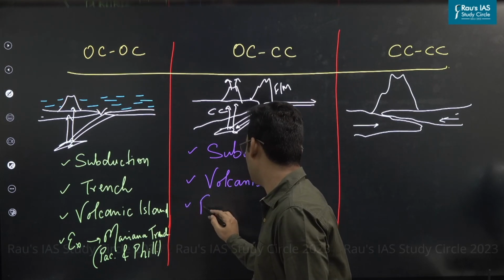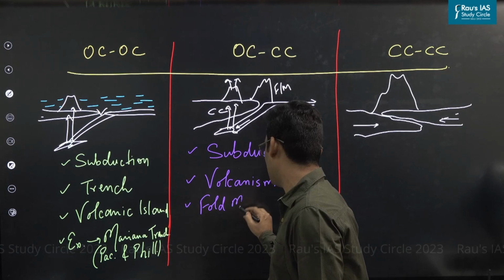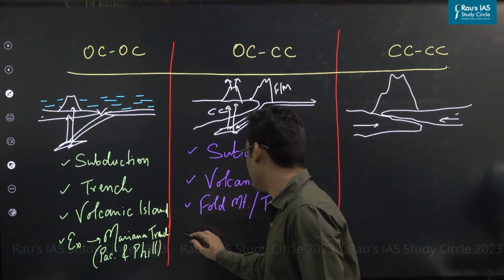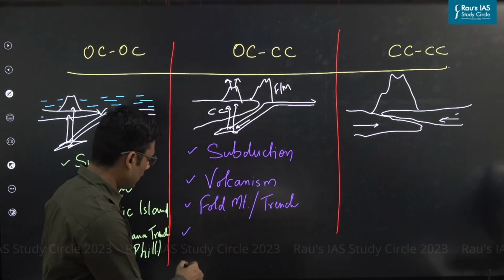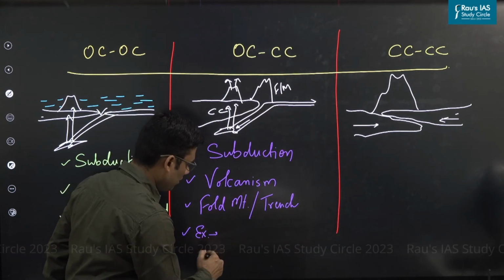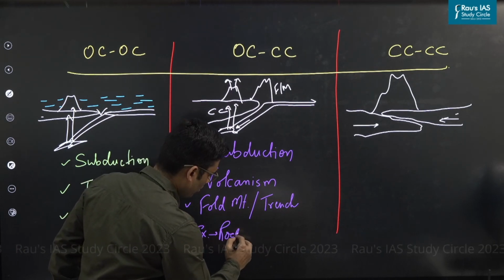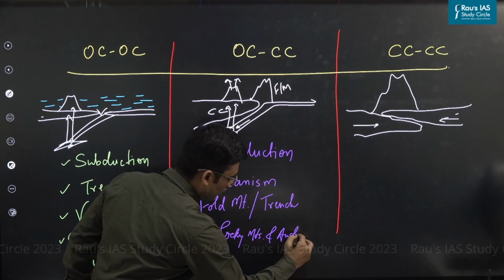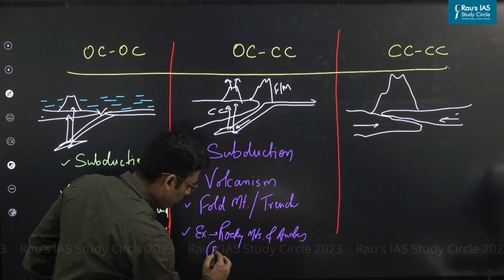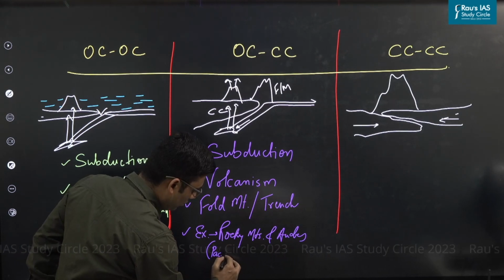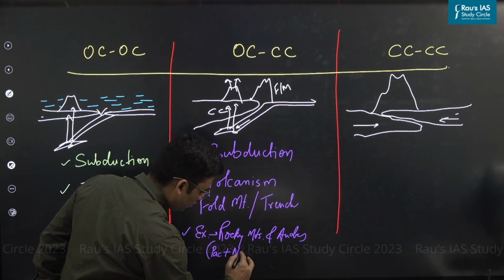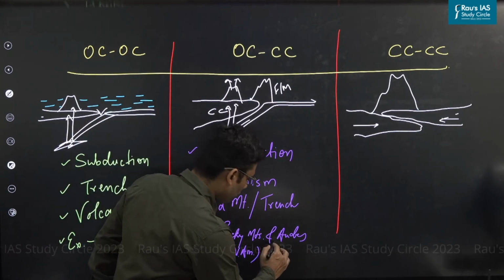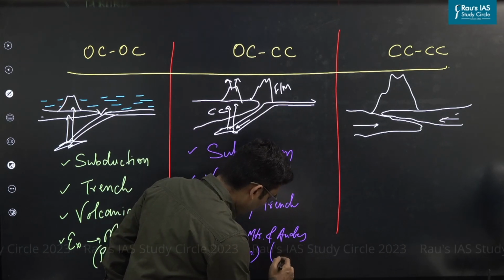In addition to that, fold mountains can form over here or trenches can be formed. And again, in this case, the example that we are going to put would be Rocky Mountains and Andes.